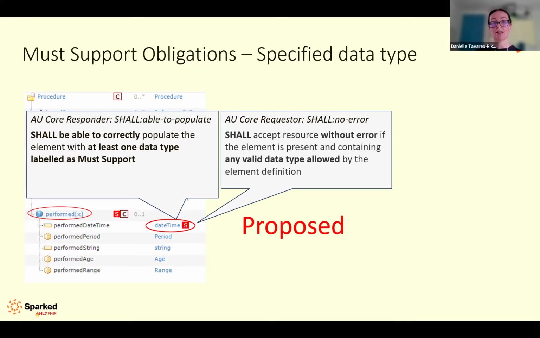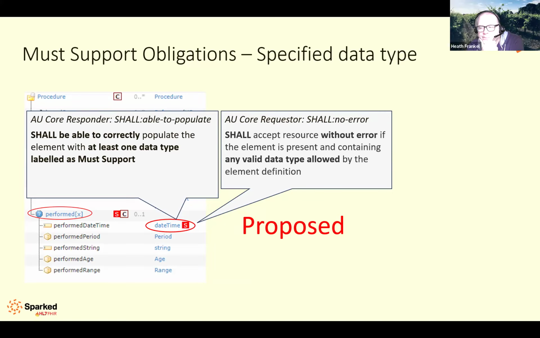They may never have that data, or they may often send back periods or strings because that's the data that's present, but they have to build in and demonstrate the capability of date time. The requester still has to be able to accept without error any valid instance of performed, whether it's period, string, age, or range.